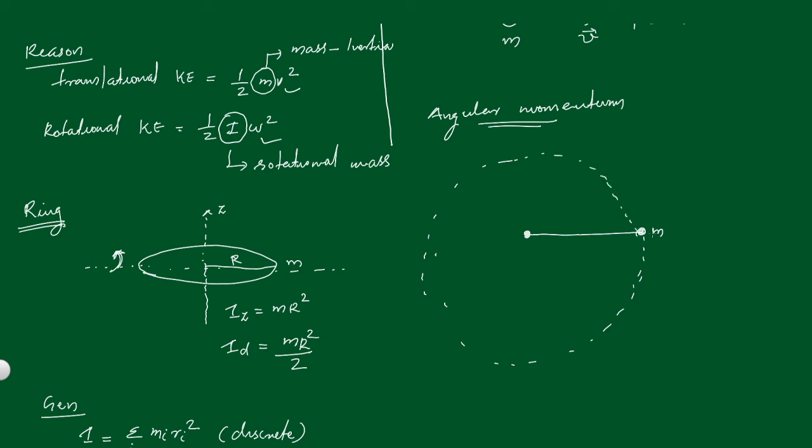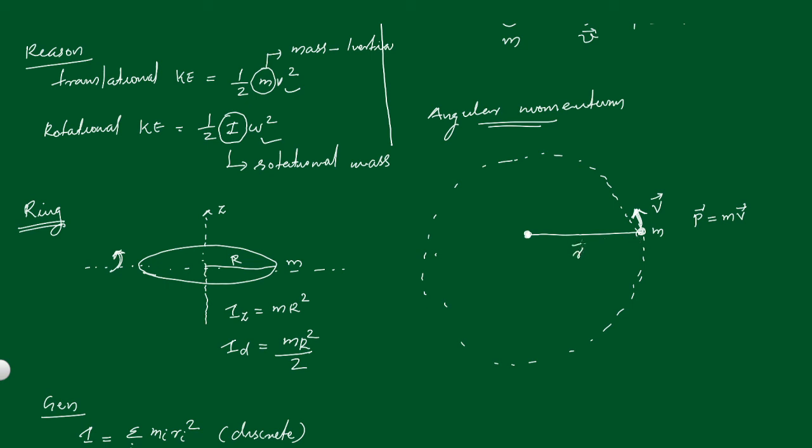At this position it has a certain velocity v, so there will be a linear momentum p equal to m v, and the distance from the origin or center of the circle to the mass point is the r vector.